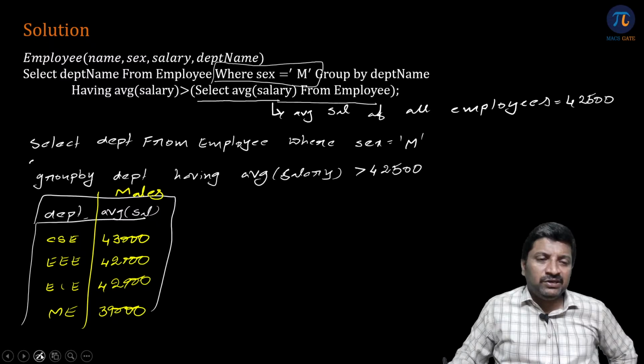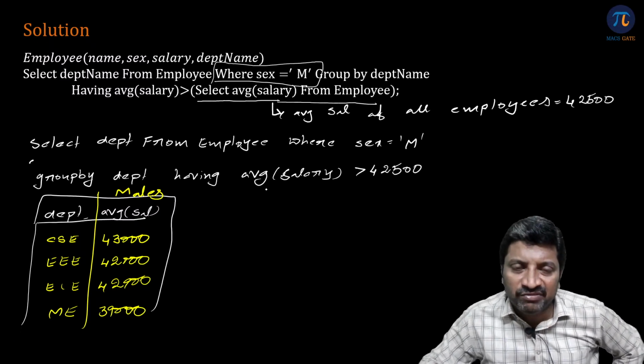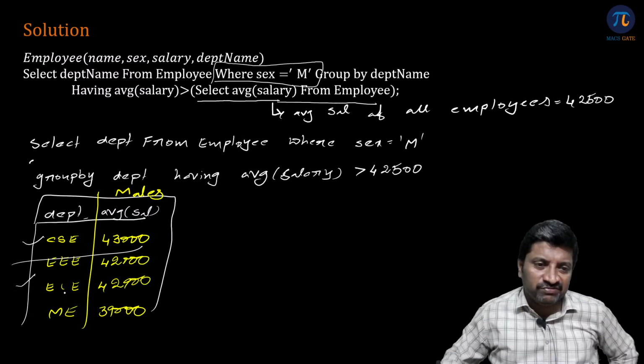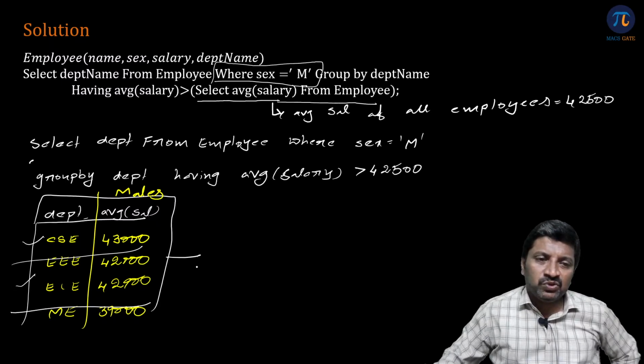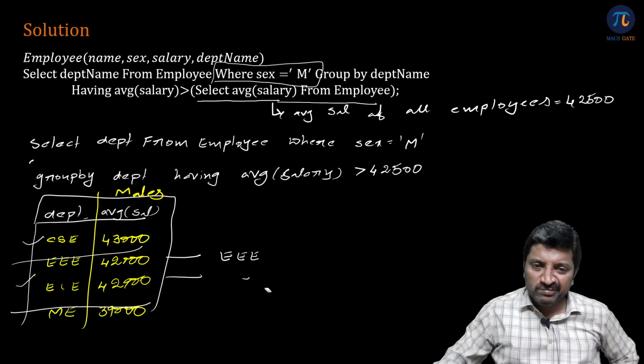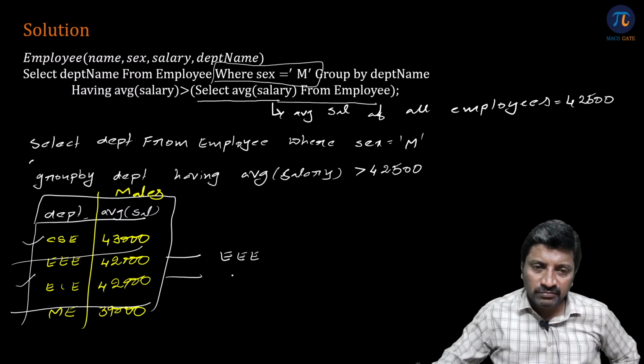So this is when we group by. After group by, you are verifying whether the average salary is greater than 42,500. So this is not fine, this is not fine, this is fine, this is not fine. Sorry, so you are displaying ECE and CSC, I think, right?